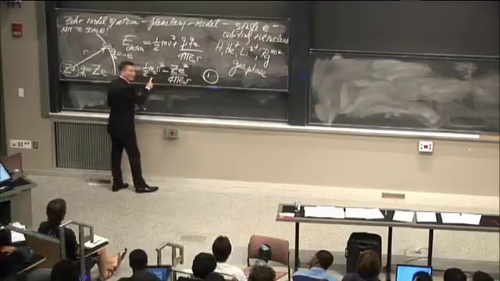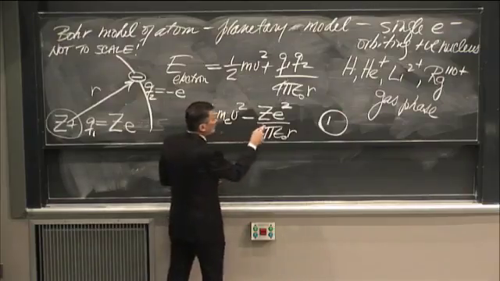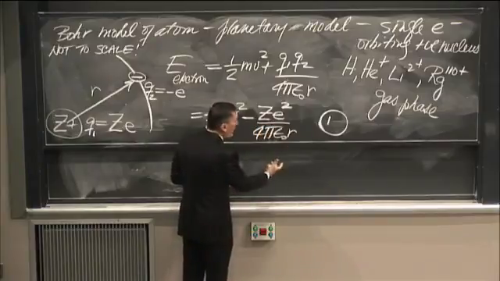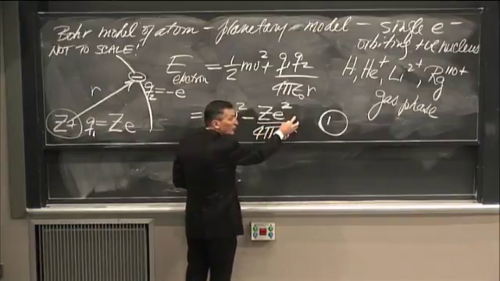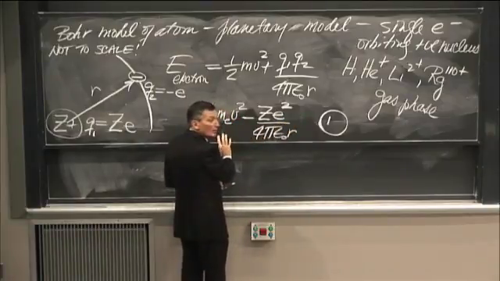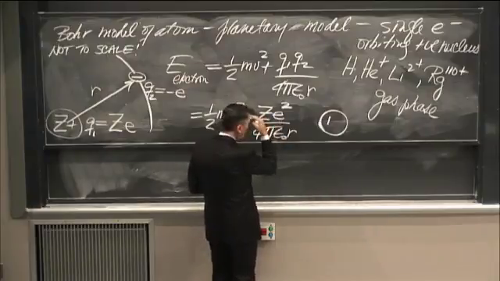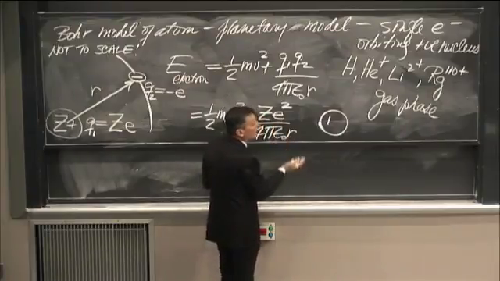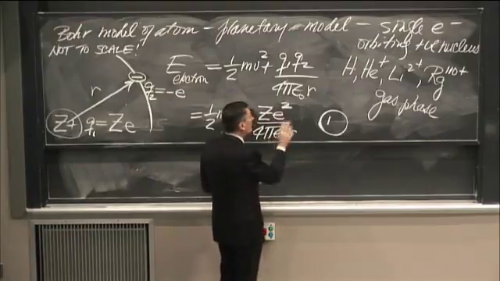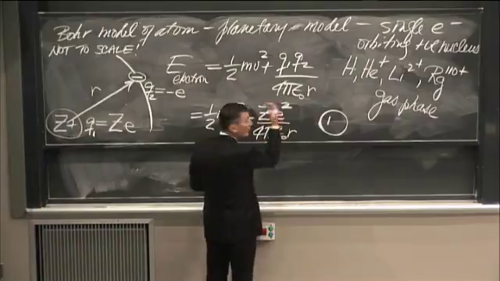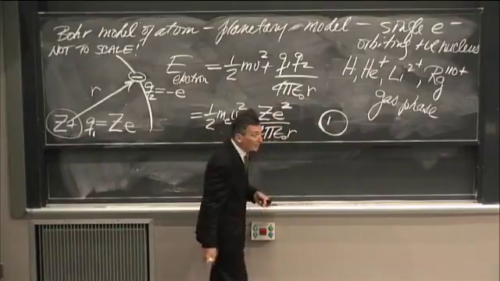Well, we know this is going to give us joules, and this is going to give us joules, and epsilon 0 is the factor that renders electrostatic units onto the same plane as mechanical units. If I plug in, this is coulombs squared, and this is meters, and this is farads per meter. So I have farads per meter times meters divided by coulombs squared, and with impunity this is joules, because it's an energy unit.